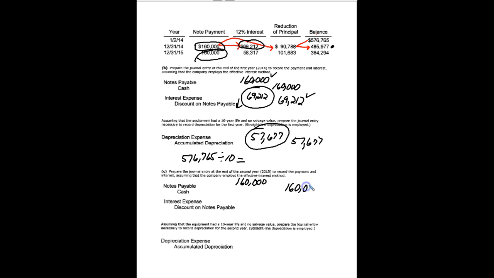Record our interest expense for 2015, $58,317. And then lastly, we would have depreciation expense. And it's going to be the same calculation, right? It's our same original cost over 10 years. So $57,677.